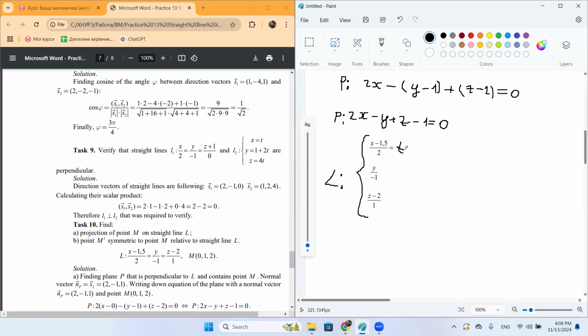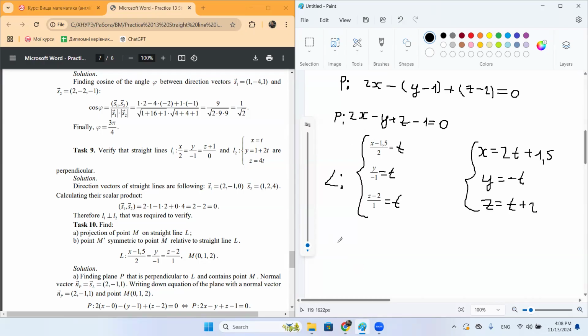That equals t, and this equals t as well. So x equals 2t plus 1.5. Y equals minus t. Z equals t plus 2.